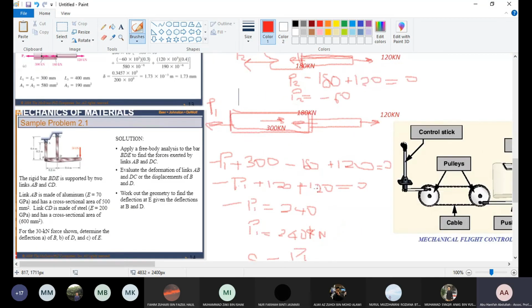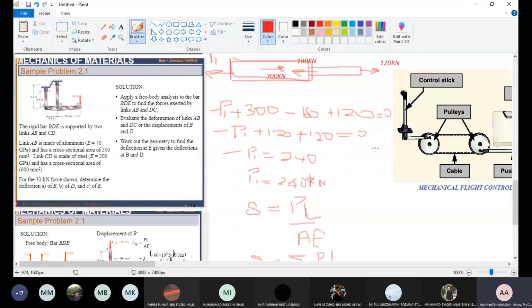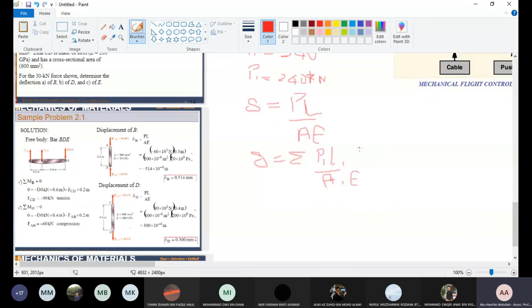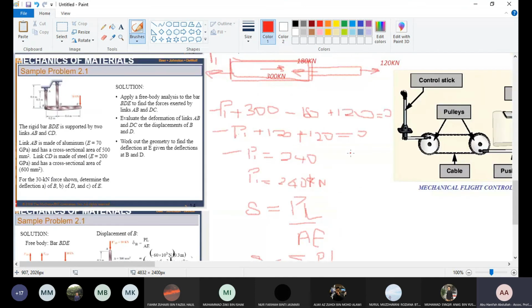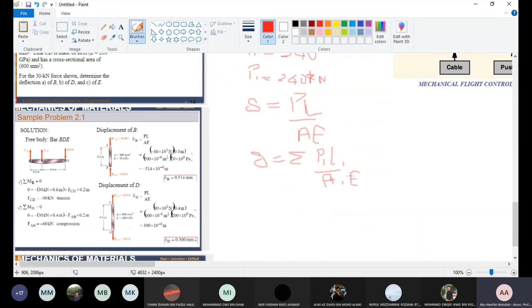So now we may say that we try to solve this problem with area. How long will the whole structure for the nose gear be extended? This is the question, this is the answer. So you have P1, P2, you do it one by one. You can bring the E constant, the modulus, out.